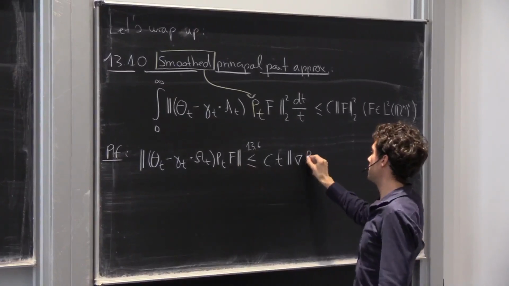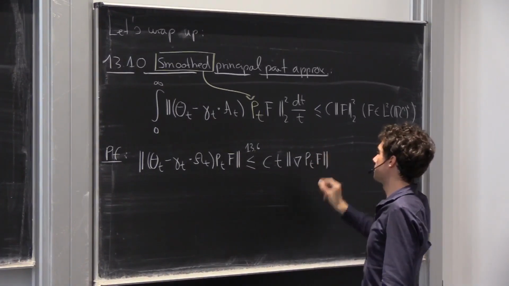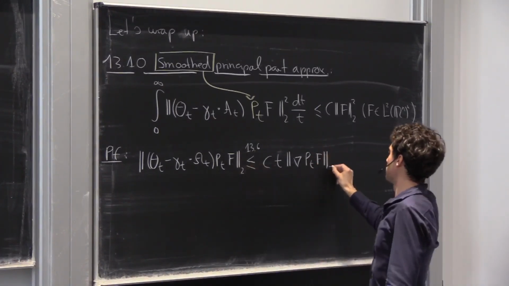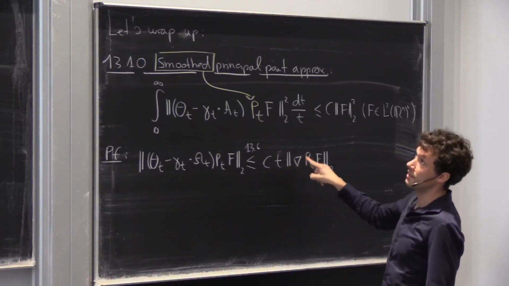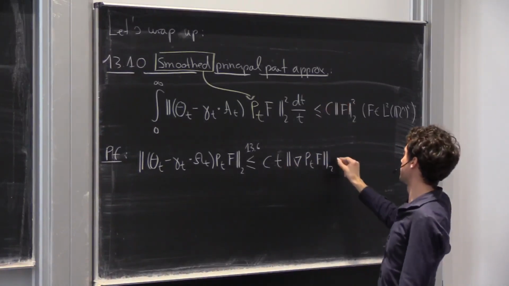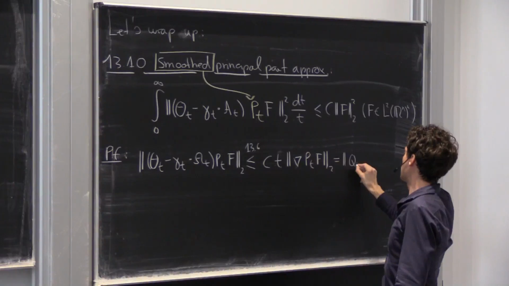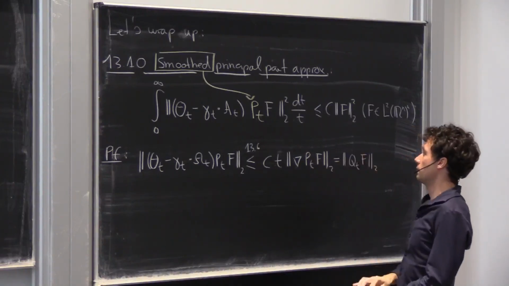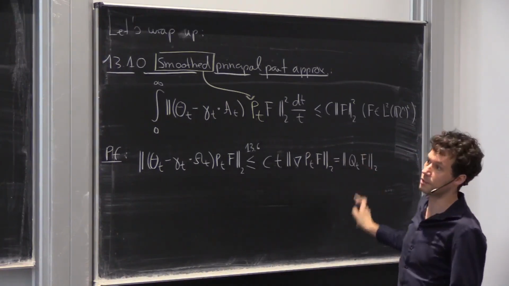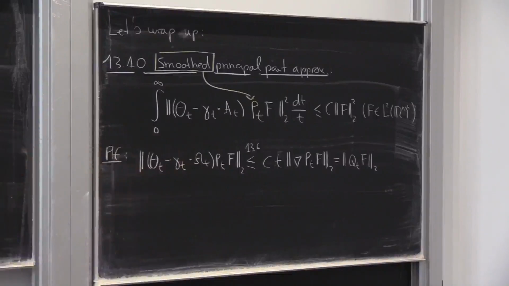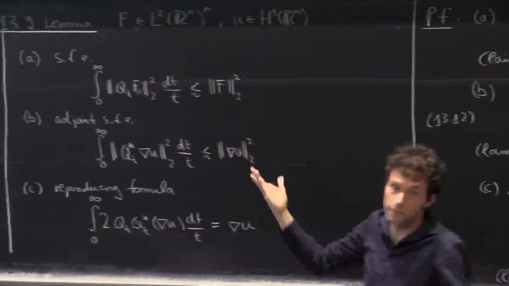And whatever I put here is a PT f. But t times gradient times PT f is just qt. So this is qt f. But for qt f, I have a square function estimate by f, which is exactly here. So that's it.